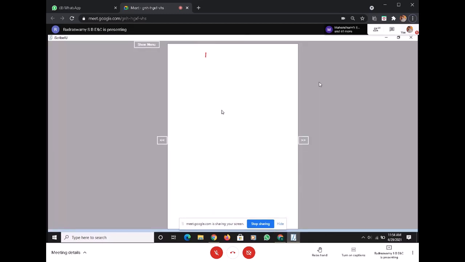Continuing with the interconnect. In the last class we saw what exactly we mean by wires, and if there are two wires going parallel, we could find out what exactly we mean by the pitch.